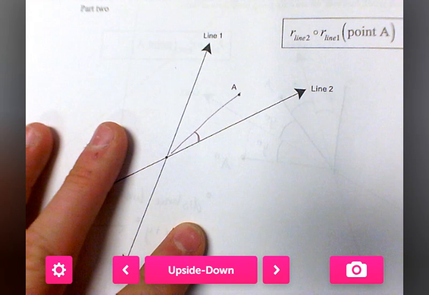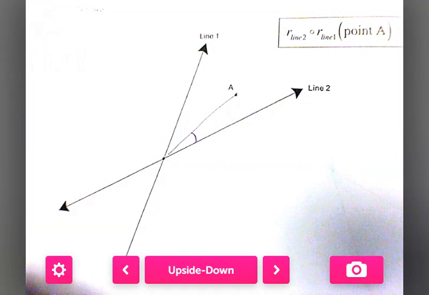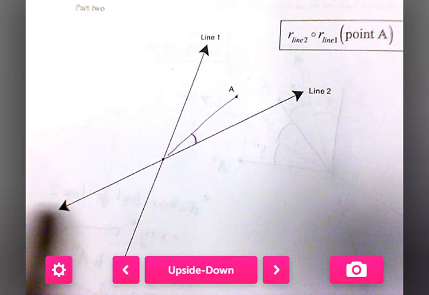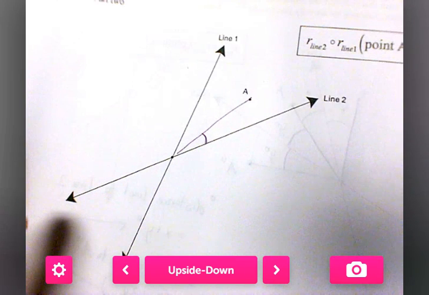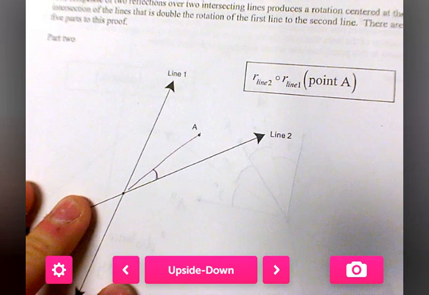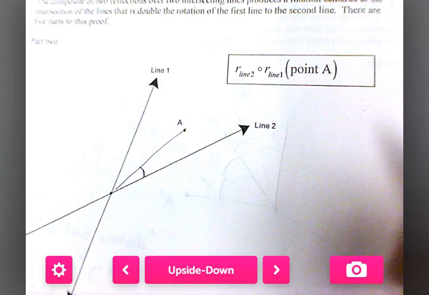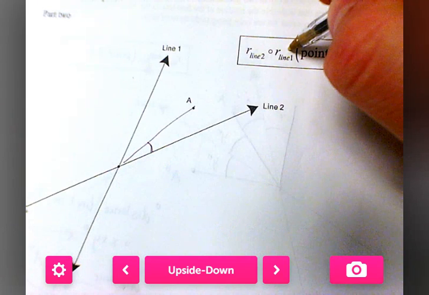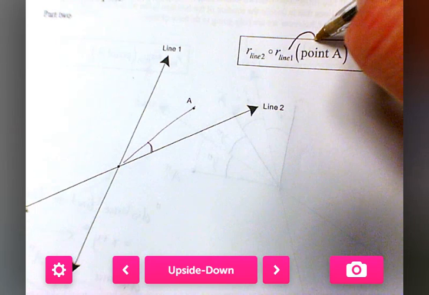Olivia? That's a good question. Basically the reason is that this one is closer, and so it's being applied first.